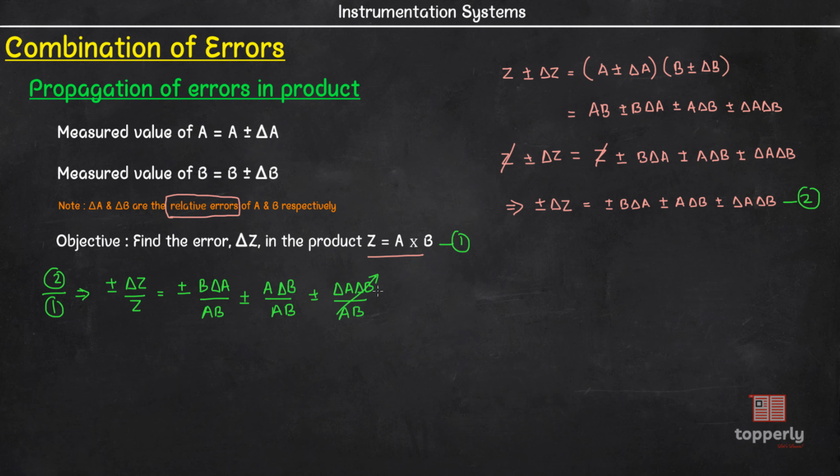Here we can neglect this term because the value of delta A into delta B is almost equal to 0, and also we can cancel out these B and these A's.